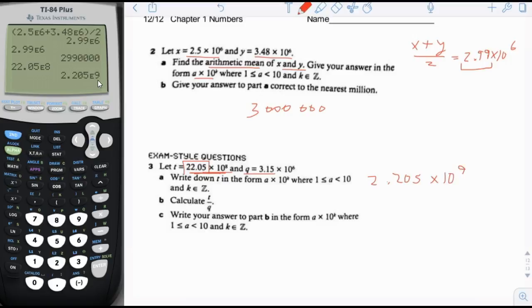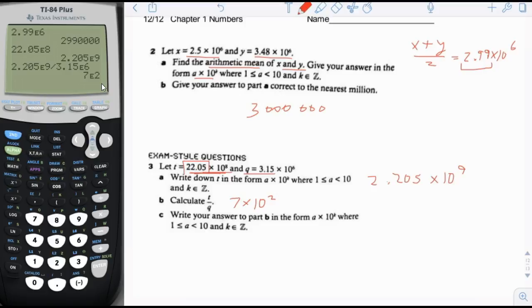Okay, and then in B it says to calculate t divided by q. So we could put t divided by q, which is 3.15 to the 6th. That's 7 times 10 squared. Then it says, write your answer to part B in the form, I already did.